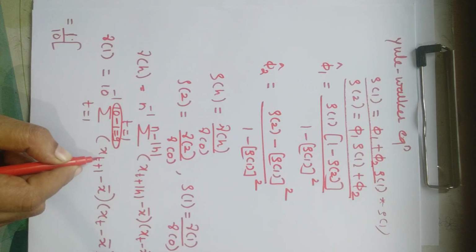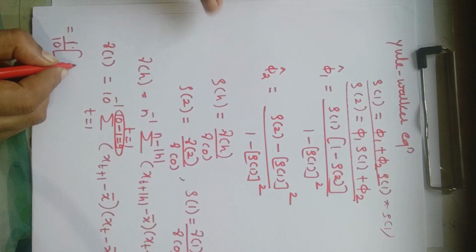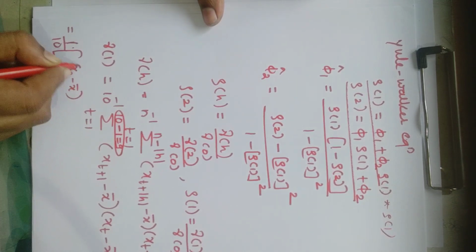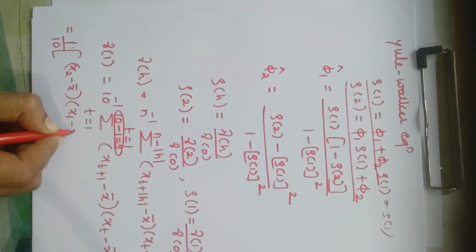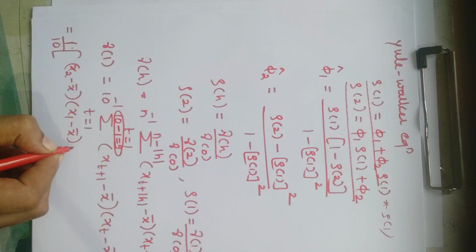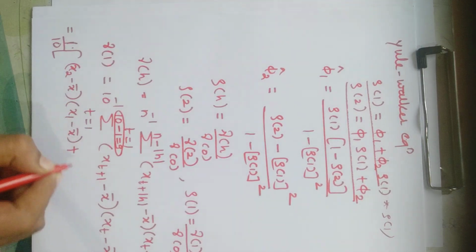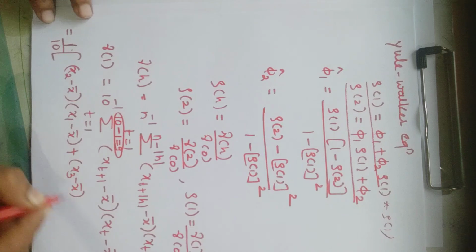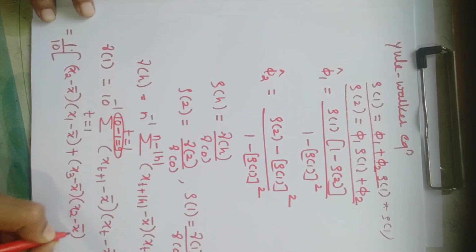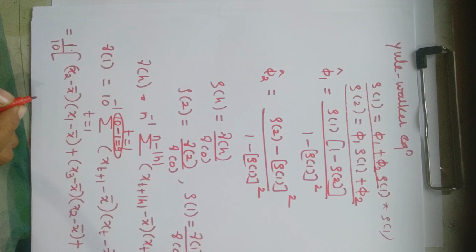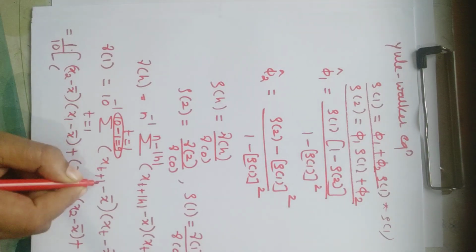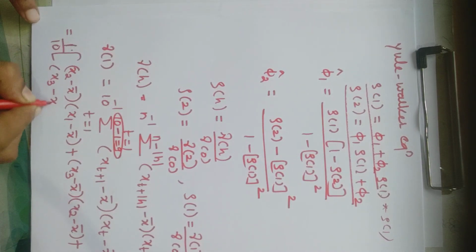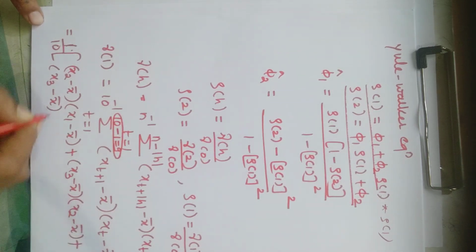When I put t equal to 1, we get x2 minus x bar into x1 minus x bar, plus t equal to 2, 2 plus 1, x3 minus x bar into x2 minus x bar, plus the third term, t equal to 3, 3 plus 1, x4 minus x bar into x3 minus x bar.